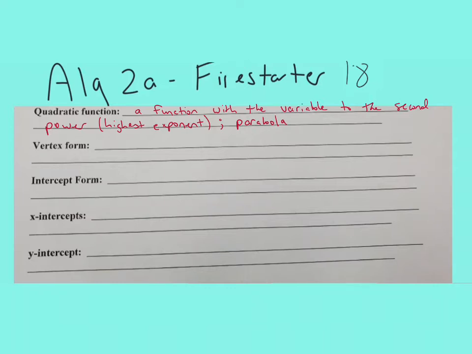Vertex form is a quadratic function in the form, and I'm going to write QF because I don't feel like writing out quadratic function again. So QF just stands for quadratic function in the form y equals a(x minus h) squared plus k. So basically, one set of parentheses, and the parentheses are squared.